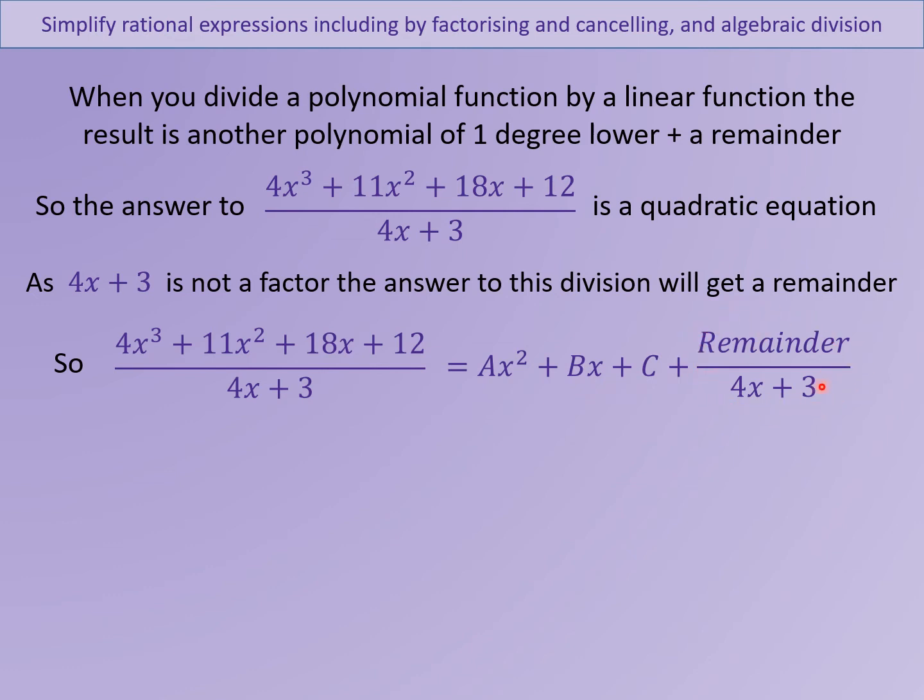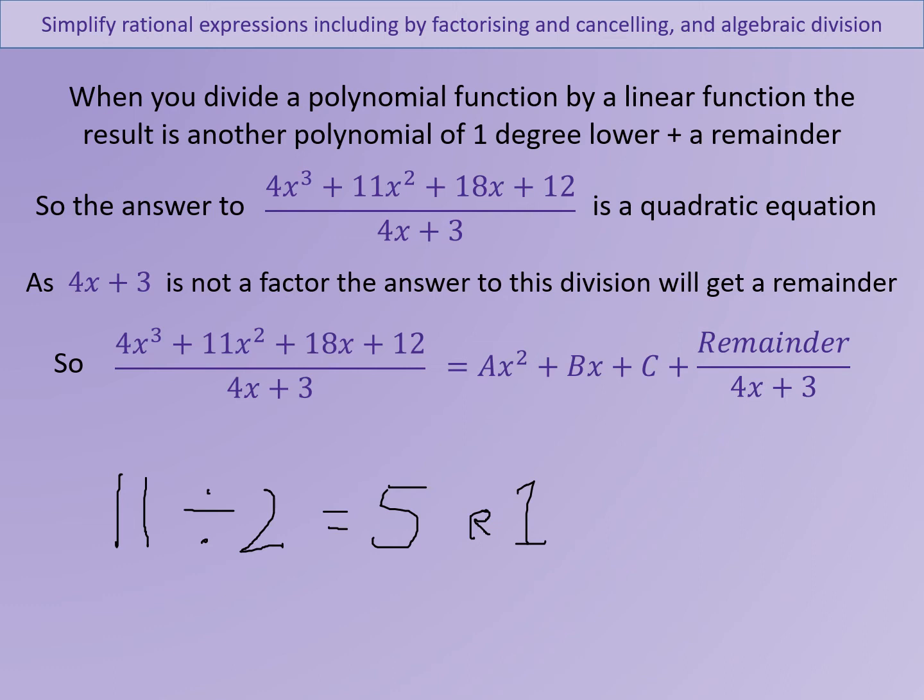Let me just show you where this idea comes from. If you imagine that you looked back at a very basic question, like for example 11 divided by 2. When you did that originally in primary school, that would have got you 5 whole ones, remainder 1. That's how you might have thought about it to start with.